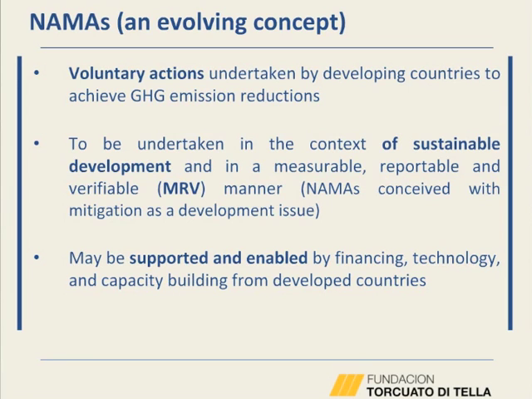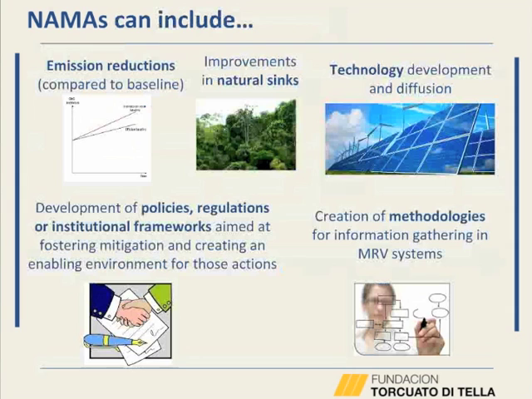More details about MRV for agricultural NAMAs are going to be presented later by another team member. This means that NAMAs are conceived with mitigation as a development issue. NAMAs may be supported and enabled by financing, technology, and capacity building provided by developed countries.